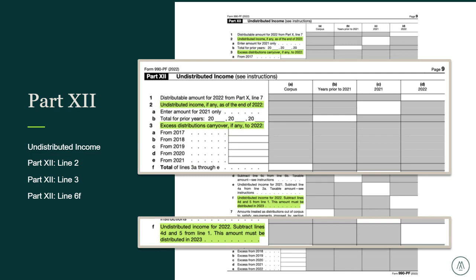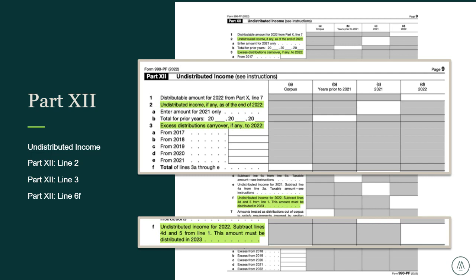Undistributed income is essentially any of that distributable amount that hasn't been met by qualifying distributions by the end of the year. And then any qualifying distributions in excess of the distributable amount can be carried forward for 5 years and used against future year distributable amounts.